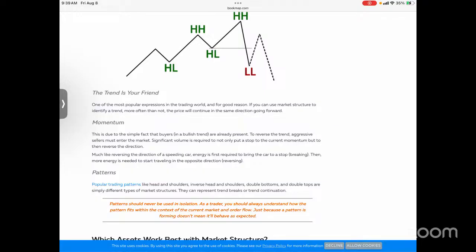Price tests a previous lower high, and we want to see price turn into a higher low. That's the only time you buy the dip, is when price hits a support level. If it does not, if it's blowing through that support level, what does that mean? Sellers are in control.